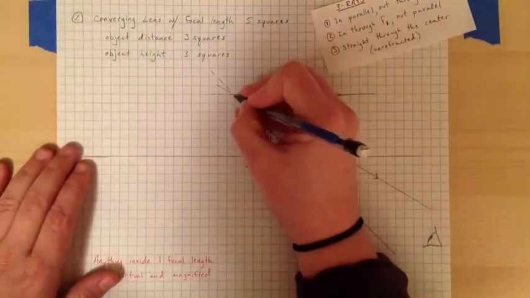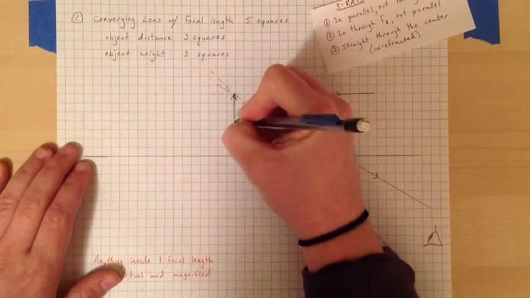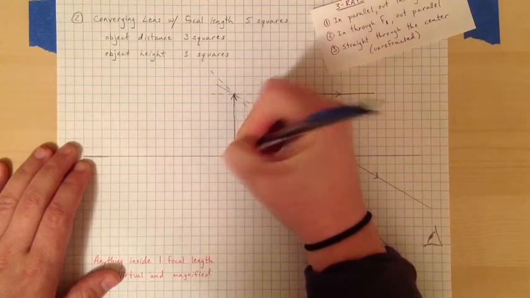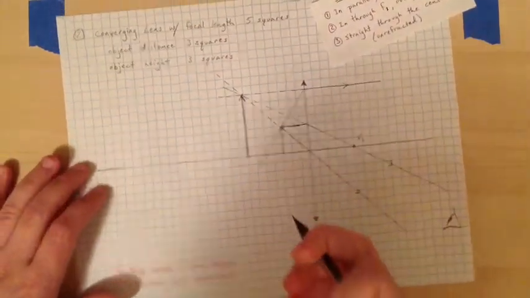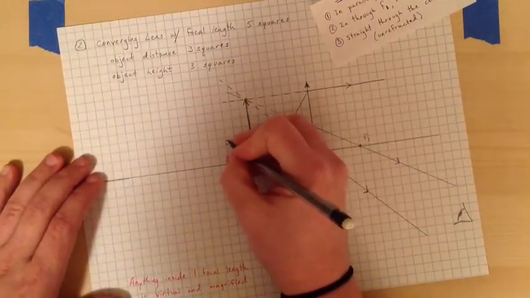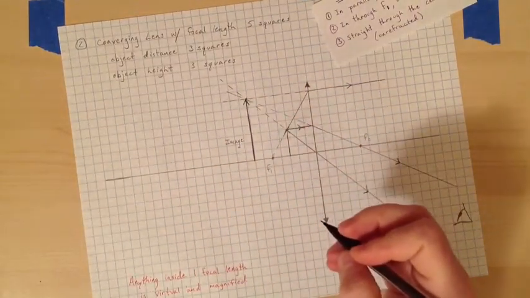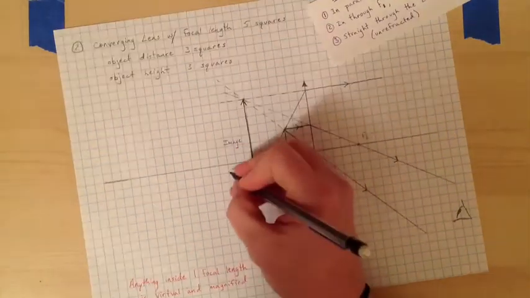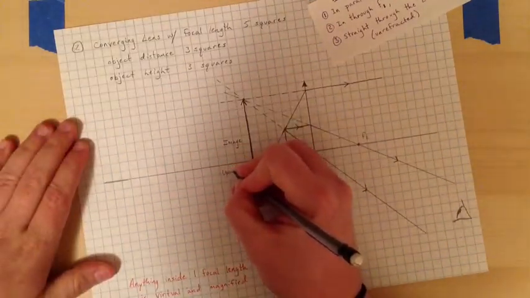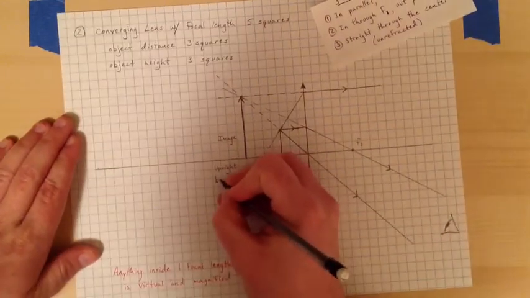So the image appears to be right here. So this is my image. The image is upright. The image is bigger.